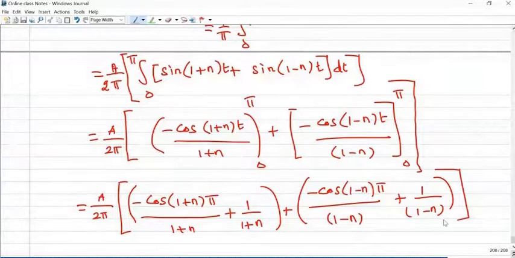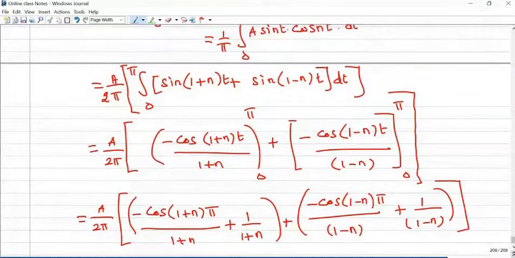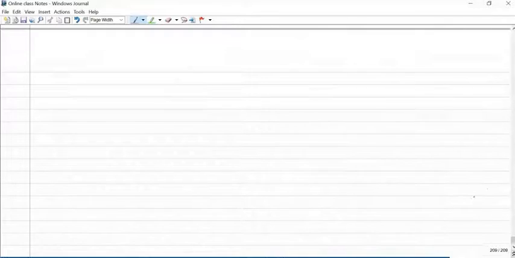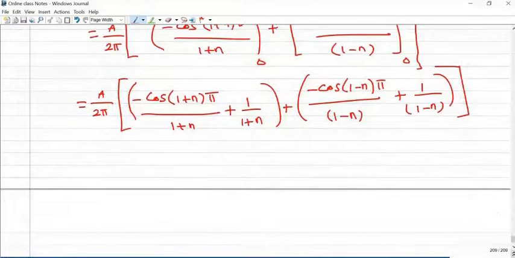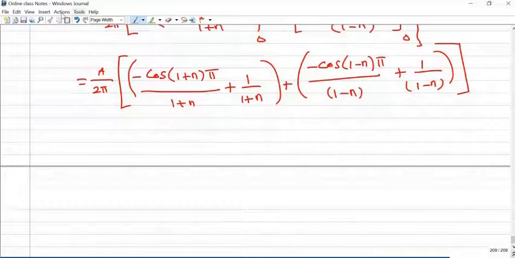Now we have cos 1 plus n pi and cos 1 minus n pi, so again we have to use the cos a plus b formula.